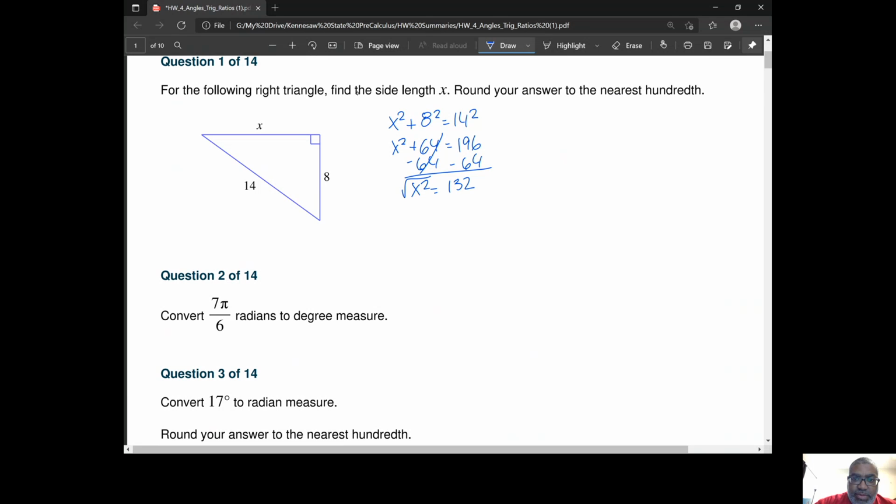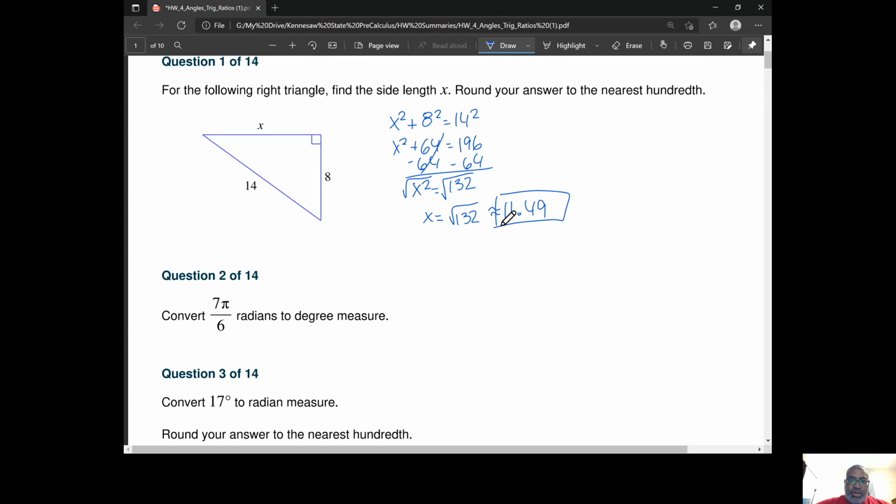Square root of both sides, x is equal to the square root of 132, which is approximately 11.49 if we round to the nearest hundredth. Be sure to round to that.